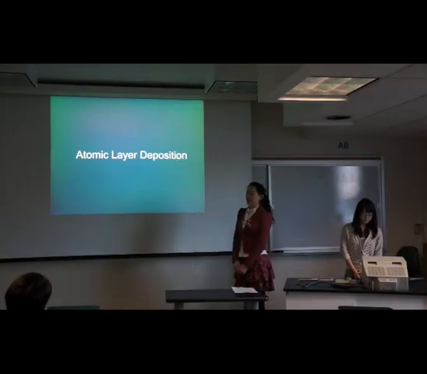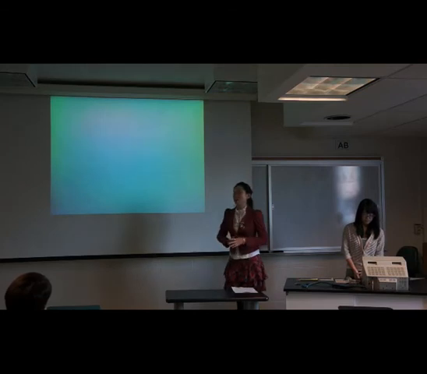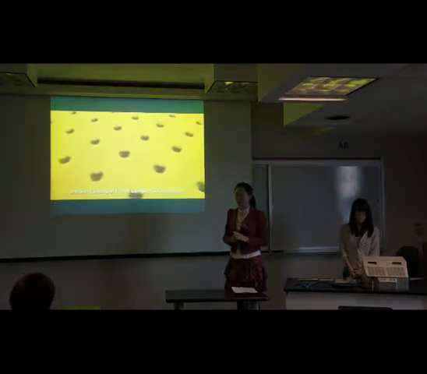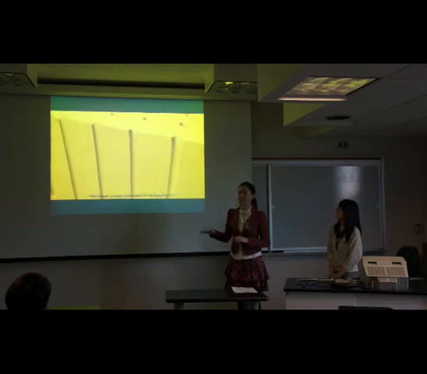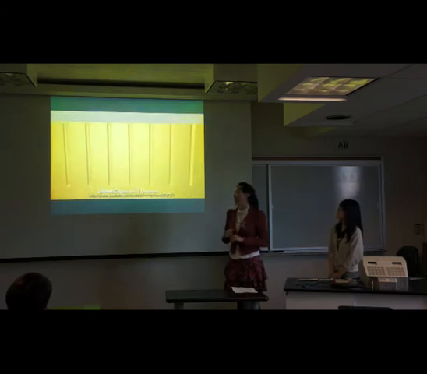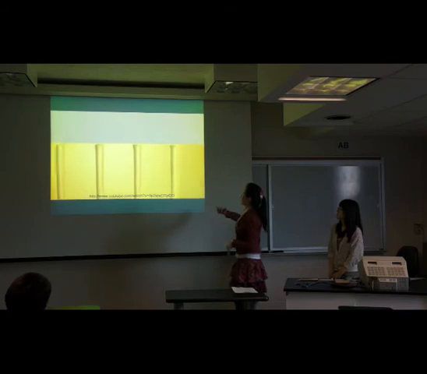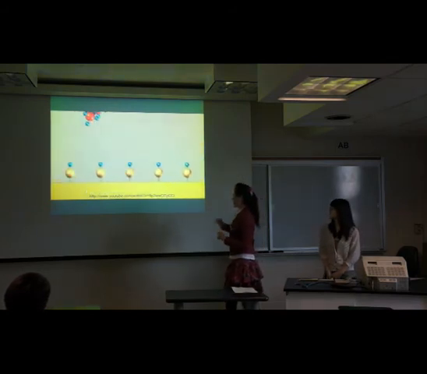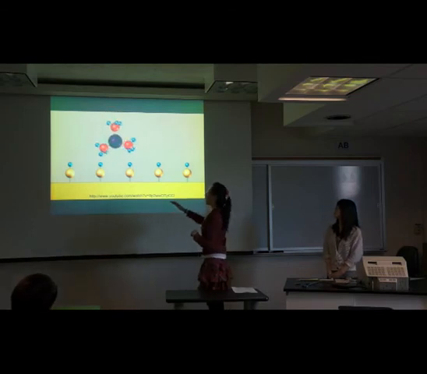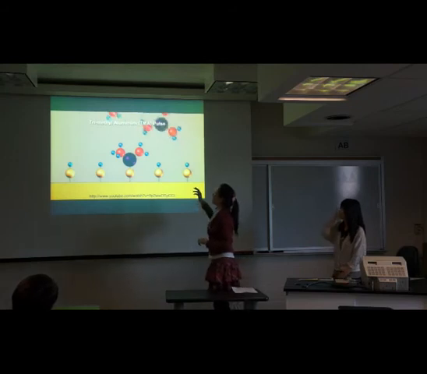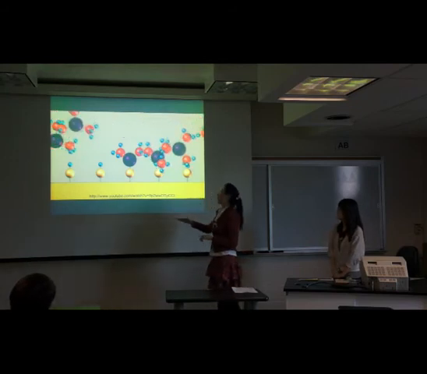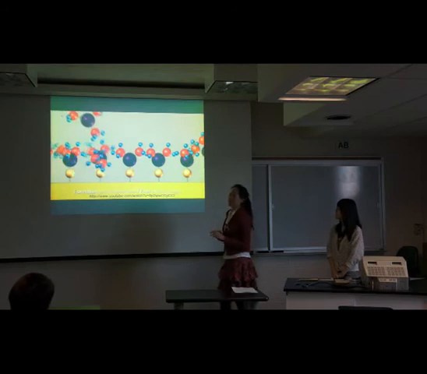Atomic layer deposition, the ALD method, can provide the best control of the thickness and surface smoothness of the nanofilms. You can see here a three-dimensional matrix to be coated. On the surface, we have hydroxyl groups, and the TMA pulses will react with the groups on the surface to form the first atomic layer.